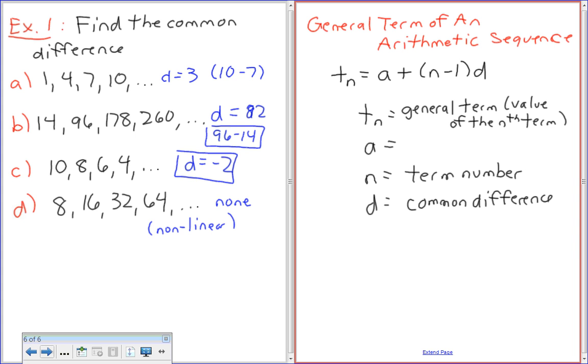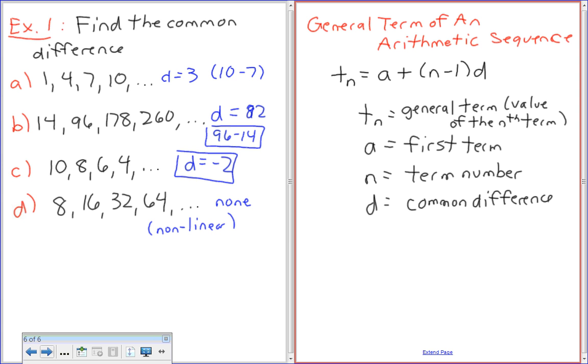Now, the question I've never gotten before, because normally I teach this in the first unit and everyone's too afraid to ask questions. They say, well, Mr. Sadler, if this is a linear equation, why is this a funky formula? Why is it not just y equals nd plus a? What's the difference here? a is our first term. Why is it not like the y-intercept for y equals mx plus b?